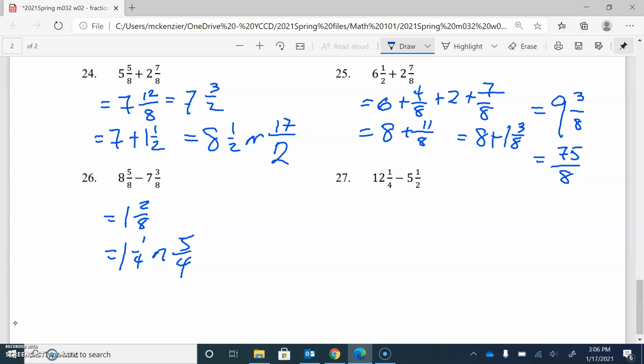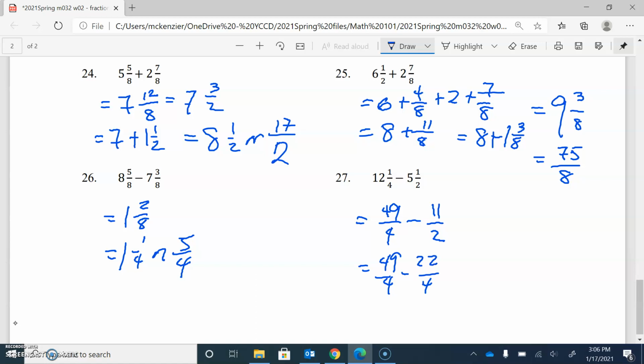Problem number 27 is a little bit tricky because you end up having to borrow. So what's probably going to be safest here is to convert everything to an improper fraction. So we'll get 49 fourths. 12 times 4 is 48, 1 more is 49, minus 10 plus 1 is 11 halves, or 49 fourths minus 22 fourths.